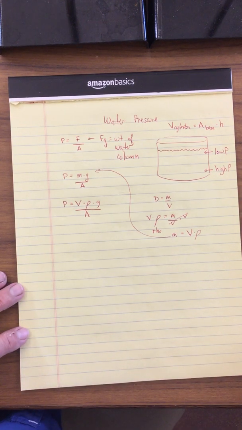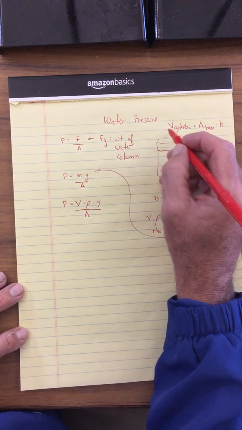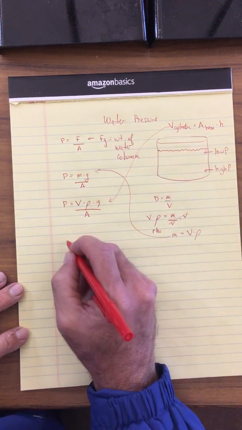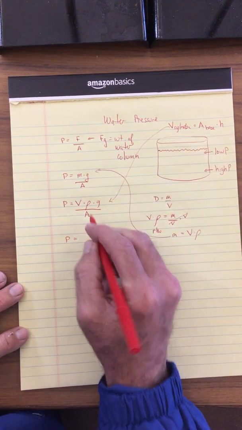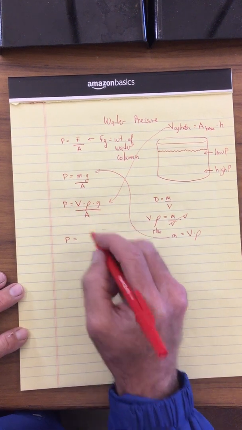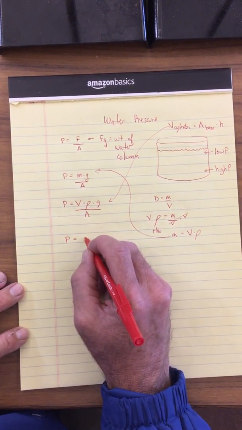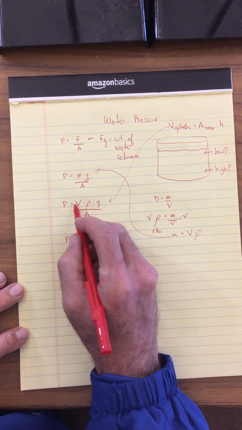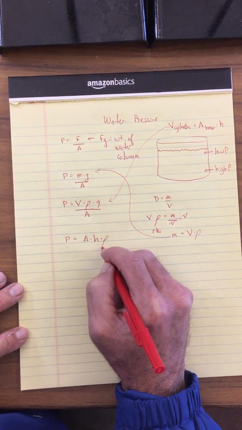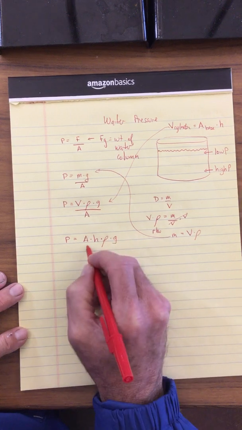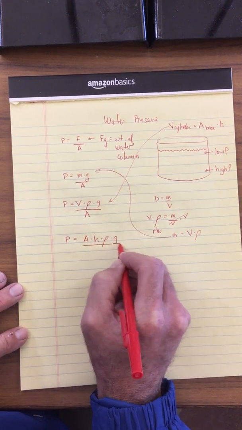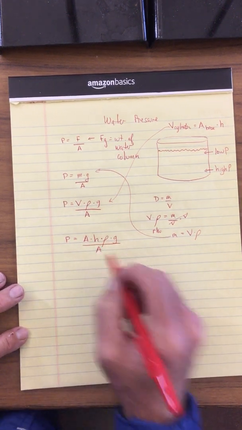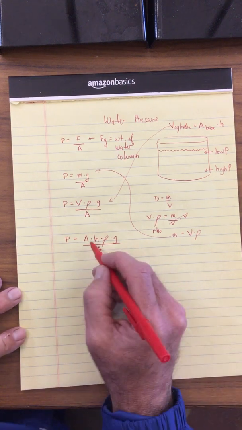So we're going to plug this now into this formula. So my pressure is going to be equal to, substituting in for volume, the area times the height, times the density times the gravity all over the area. I think you can see how this is going to simplify now.